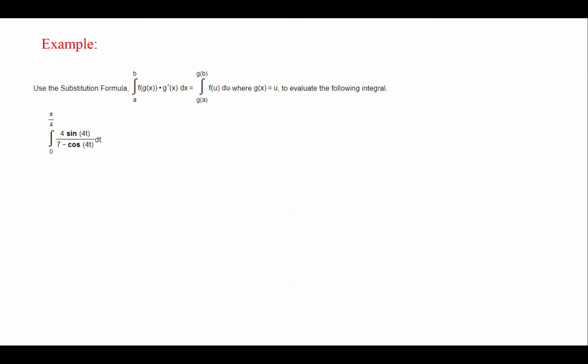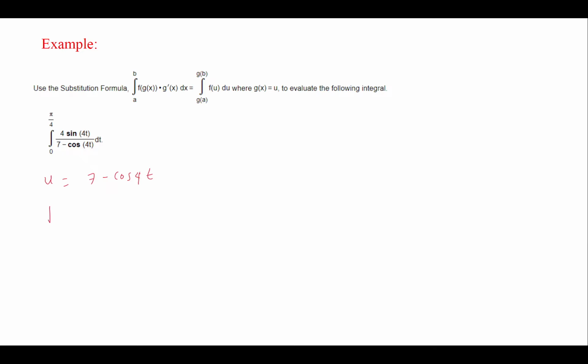Let's look at another problem, using the substitution method one more time. Here it looks complicated, so we're going to substitute for this denominator function. So let's say u equals 7 minus cosine 4t. If I substitute for the top one, it will not reduce my problem, so we need to substitute for the bottom one.